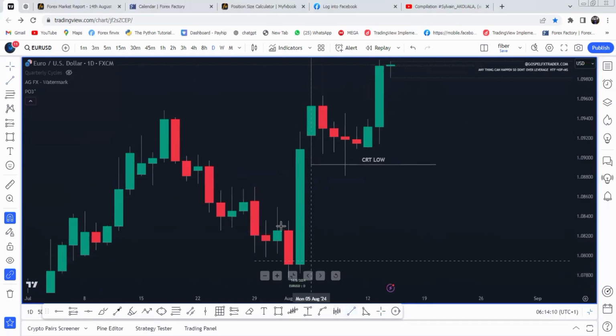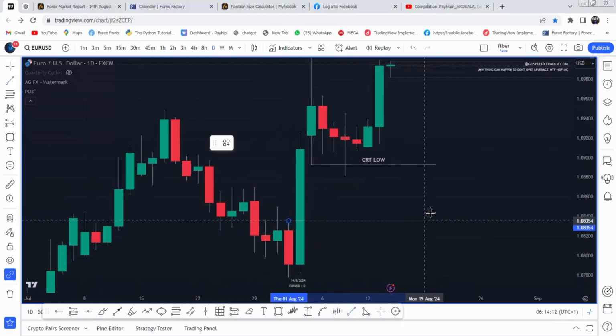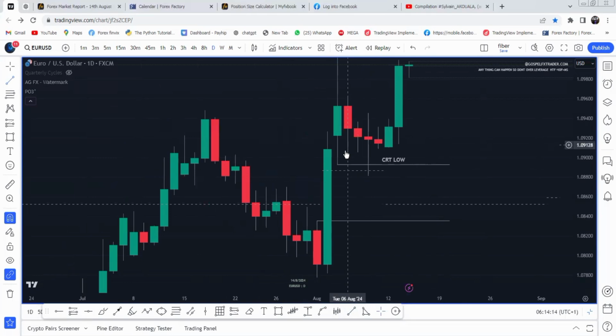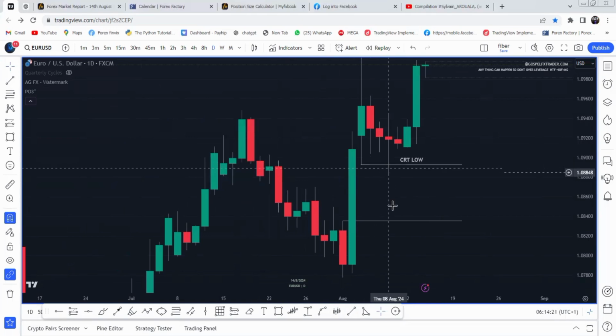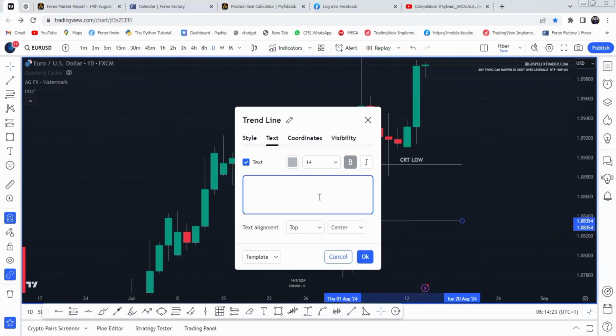So we are having a total soap of the CRT low into a fair value gap, which is a key level, right? This fair value gap here is also standing as our internal range liquidity.